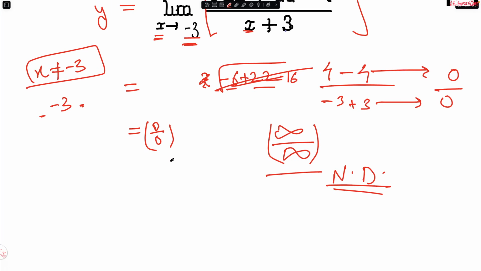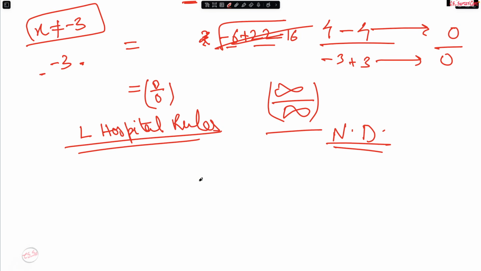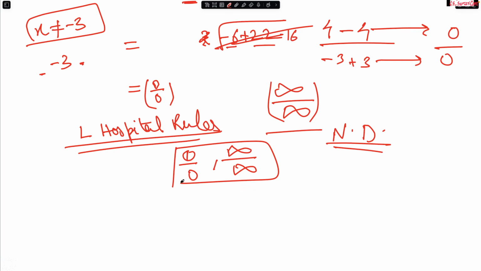In this case, in 11th and 12th, it was taught, at least in JEE coaching, about L'Hospital rule. This also comes in engineering mathematics, if I am correct, right? So L'Hospital rule says that if you were to get a case in which 0 by 0 or infinity by infinity is the outcome, in that situation, you can differentiate the numerator and the denominator and then apply the limit, right?